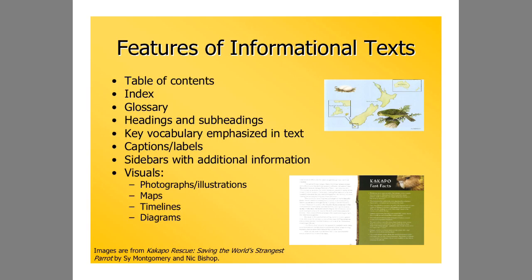And then informational text should also include visuals like photographs, illustrations, as well as things like maps, timelines, and diagrams, so that way readers' understanding of the content being presented is enhanced.